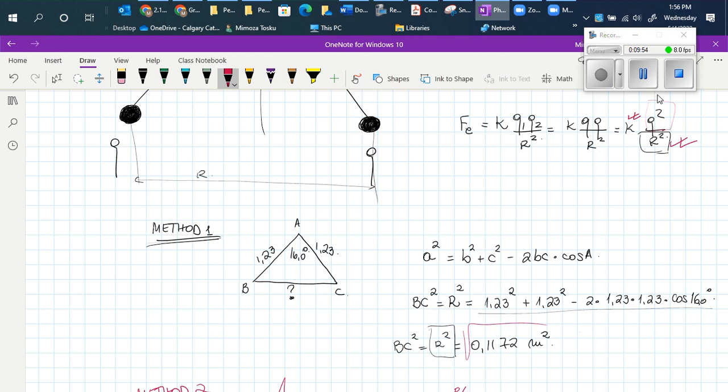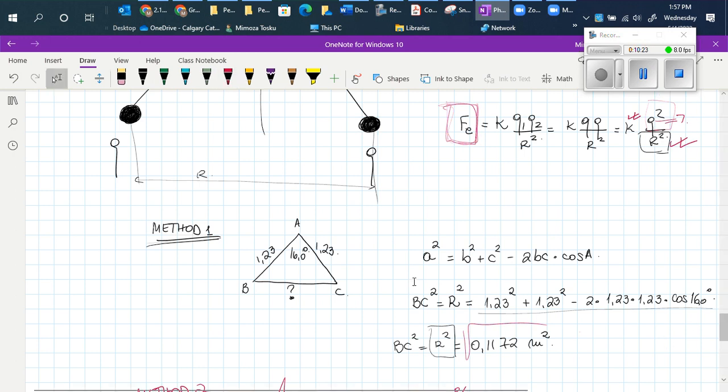However, from the previous example that we did, we were able to figure out what the electrostatic force is. So now, if I know the magnitude of the electrostatic force, then yes, I can find out the charge of each of those spheres.